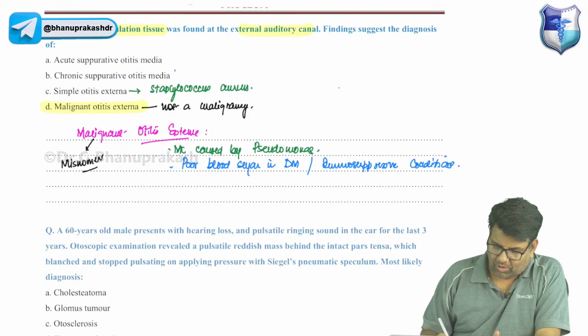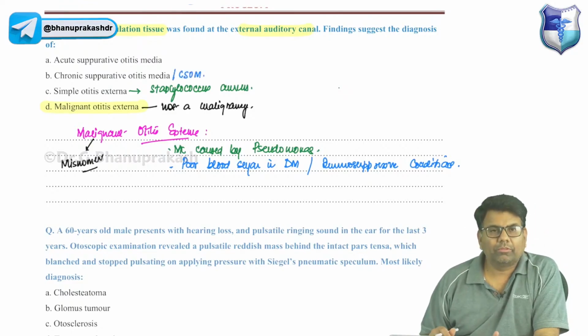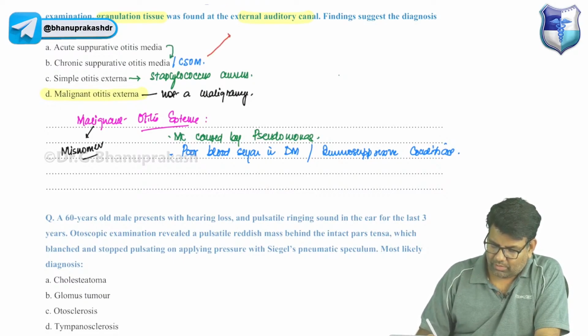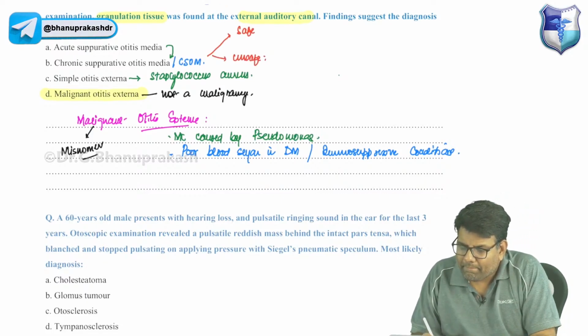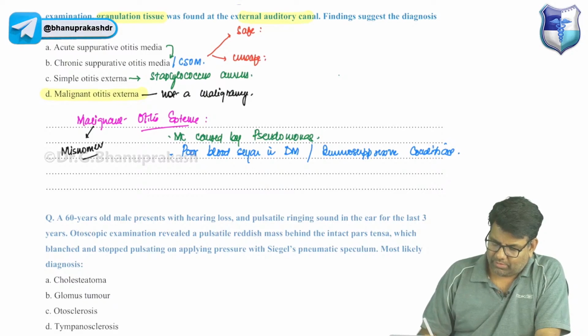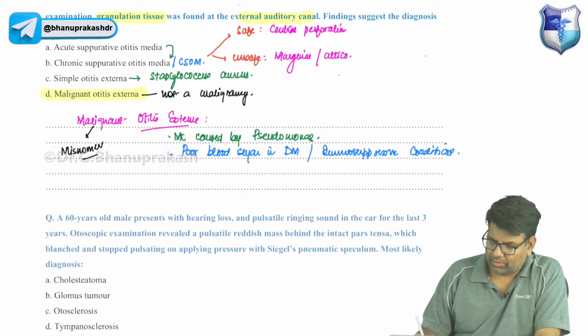Now, what is this term? Chronic suppurative otitis media. Here, if an acute infection is not treated properly, it might go into CSOM. And again, CSOM can have two presentations, safe and unsafe. In safe, the perforation is central, and in unsafe, it is marginal or attico-antral.